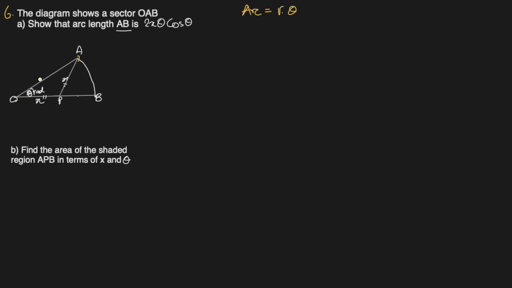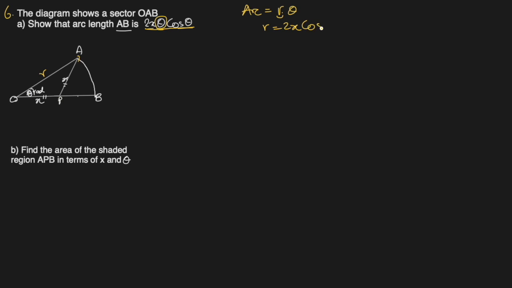This side is radius. This side is x plus something more, which makes it radius. So let's use this one. r is r, theta is theta, but in this expression there is no r, there is only theta, right? That means for this remaining r, we have to show that r is 2x cos theta.